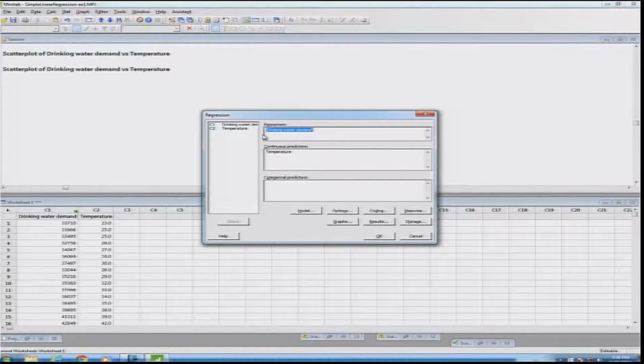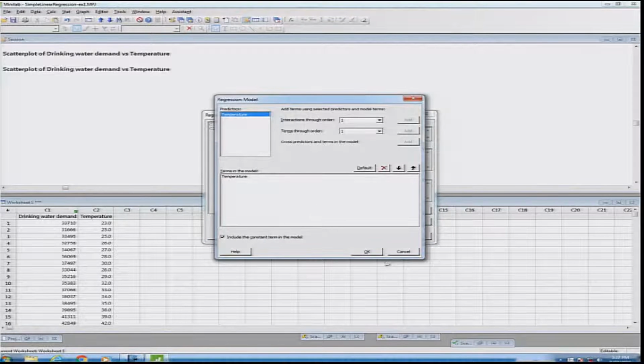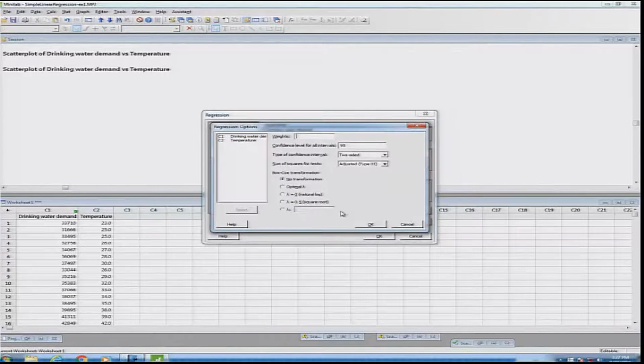Now once you come here, you can see that I have given here the response variable as drinking water demand, and this continuous predictor, that is the independent variable or the explanatory variable, has been given here. Okay. Now you can see here that there are several options, but at this moment I am not considering any one of them. Right, you can see here we can give the weights.